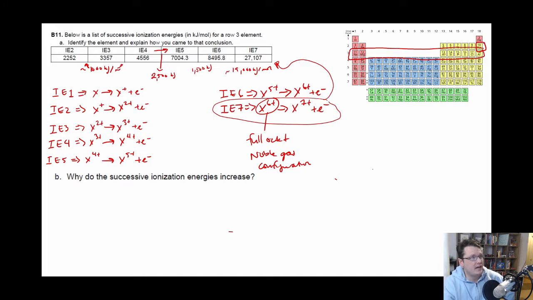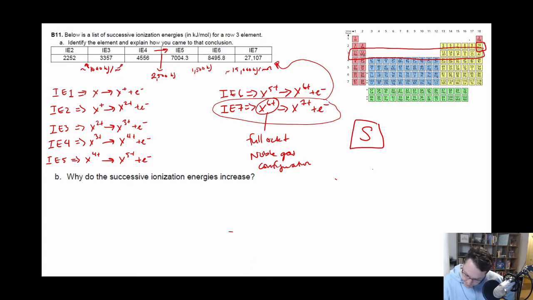And so because of that, we can deduce that this is going to be sulfur in this case. And that matches up with everything else that we're seeing. If we're talking about sulfur, we have that first ionization energy that we don't have listed here, so we can't really do any relationship with it. But we can see that the transition from X+ to X2+ is reasonable, 2+ to 3+.